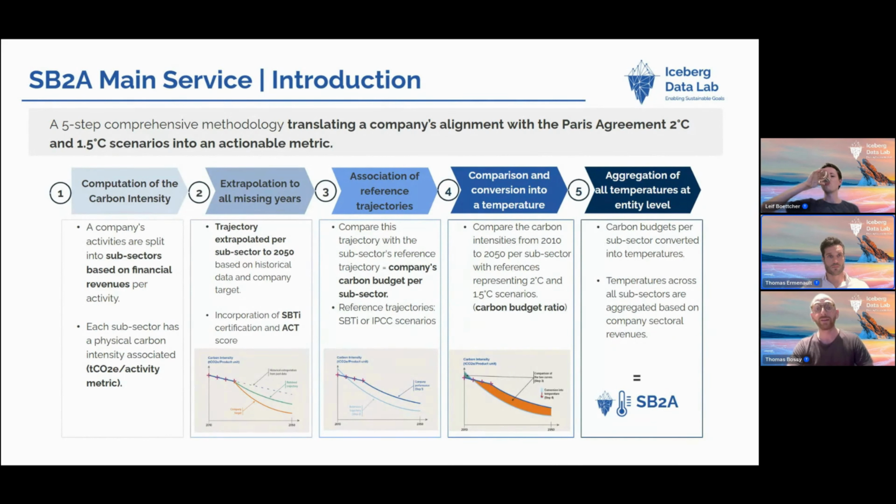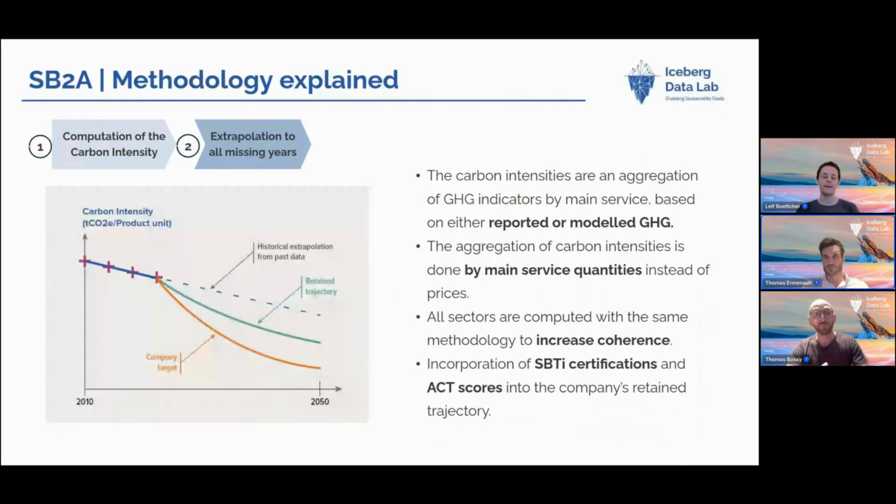For every sector, we compare the reference to our extrapolated and modeled trajectory to estimate a carbon budget overshoot or undershoot that we convert into a temperature. Once we convert the temperature at the sector level, we aggregate it across all sectors of a given company at the entity level.